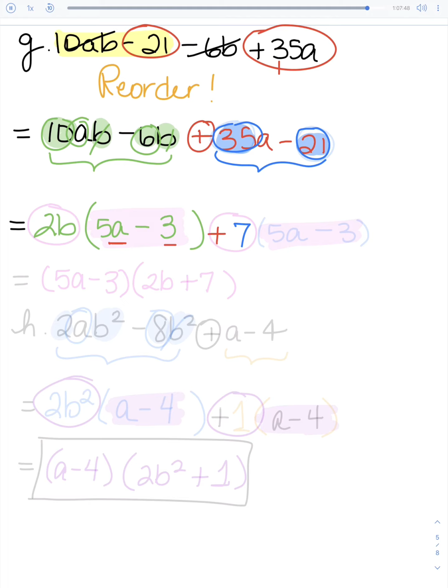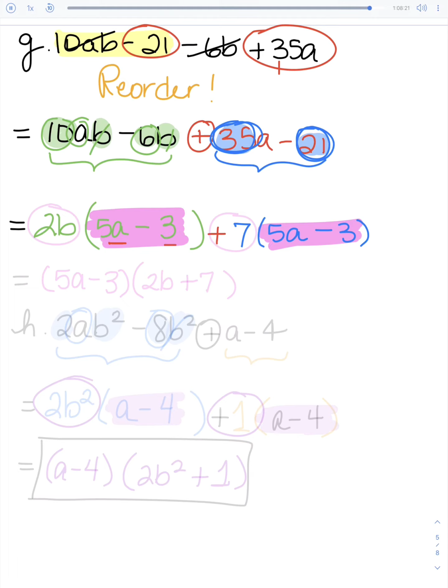So we can start by factoring out a 7 from both pieces and carrying down our plus sign that was out in front. Then if we pull out the 7 from the 35, we'll be left with a 5a, and then factoring out the 7 from the 21, we would also get a minus 3. Now what we notice is we have this matching 5a minus 3 on both pieces, parentheses around both.